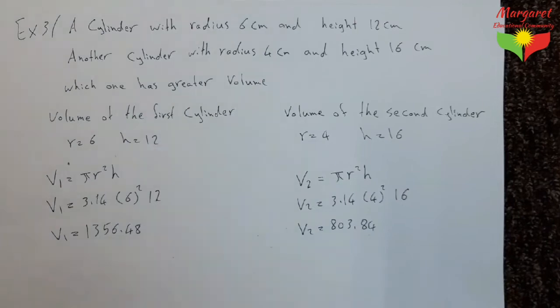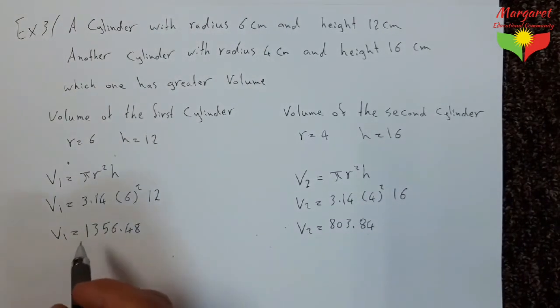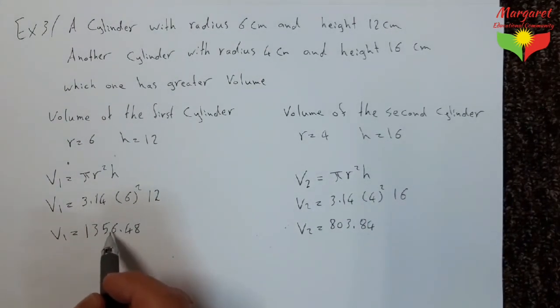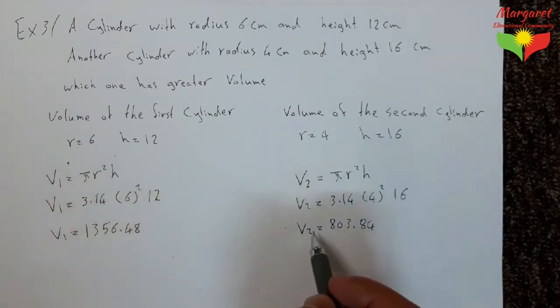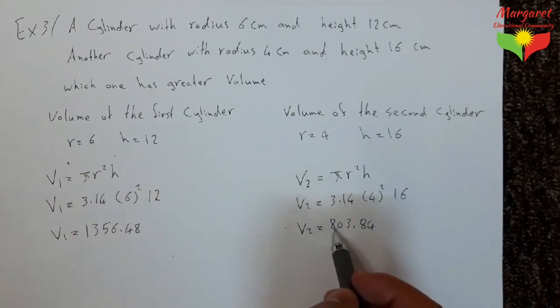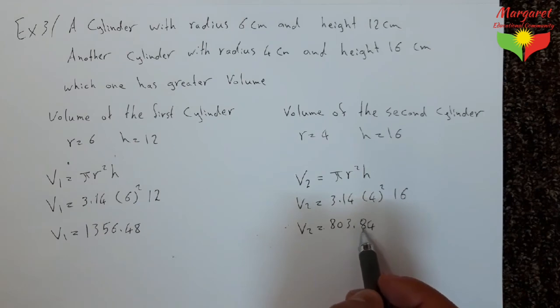So V1 equal to 1356.48 and V2 equal to 803.84.